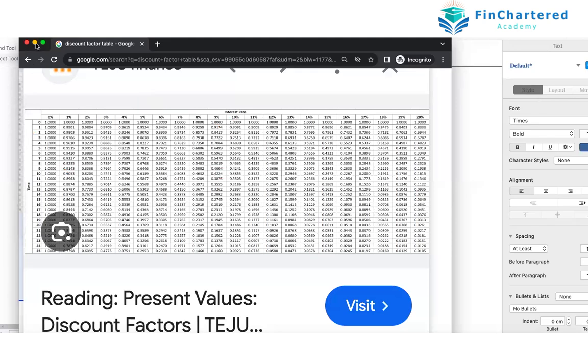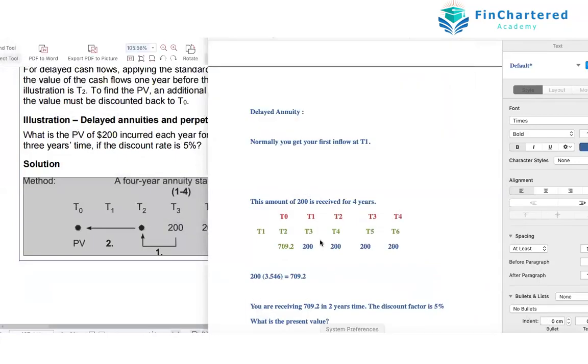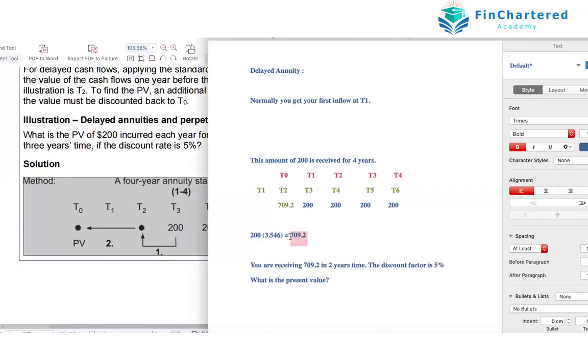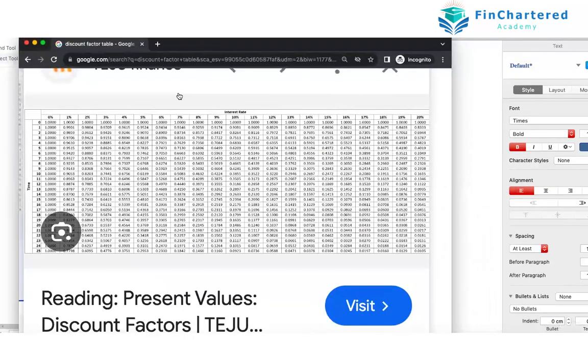So what will you do? This 709.2 is the value after 2 years' time. So 709.2 is the future value. In order to get the present value, we will multiply with the discount factor. And how much did I say is the discount factor? 0.9070 for 2 years.